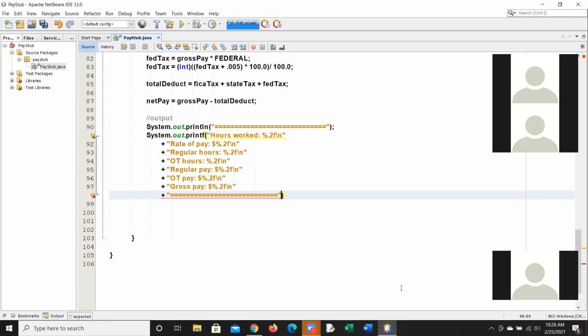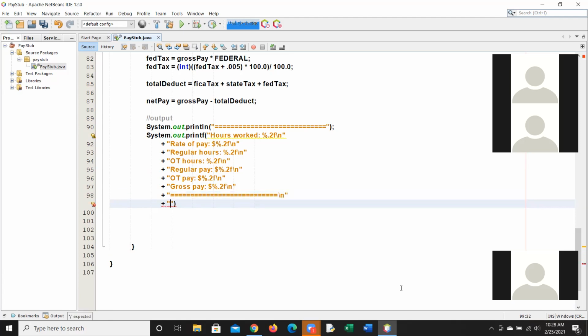Okay, so because I got my gross done there. And then I'll come back here, \n on the end, enter. And then it'll be FICA tax, be a $ sign, and then a % sign, then 0.2f \n.